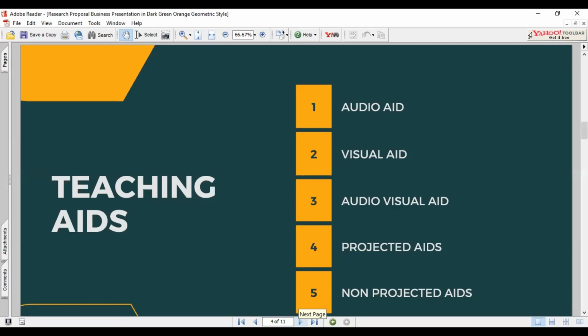Then there are projected aids and non-projected aids. Projected aids are projected on a screen. We'll be doing it in more detail in the next few slides. And non-projected aids are some of the traditional methods, in which there are posters, charts, globes, etc. So these are some of the teaching aids which are important while we are teaching.